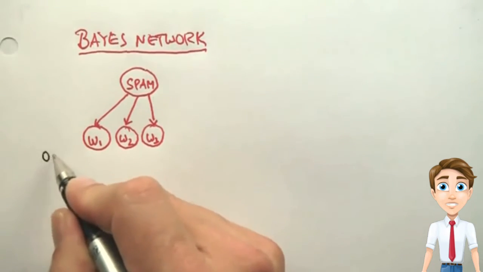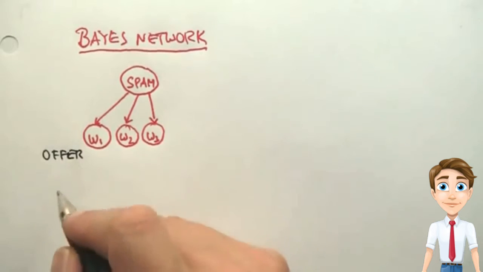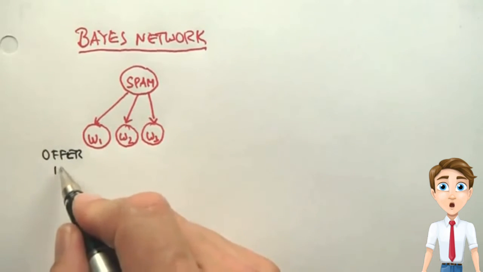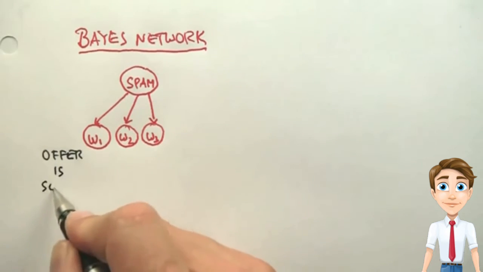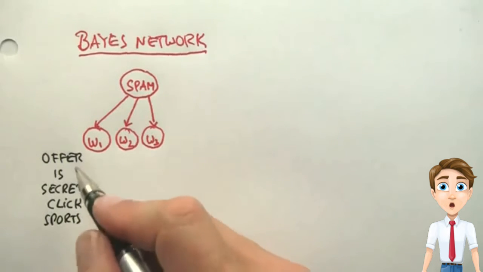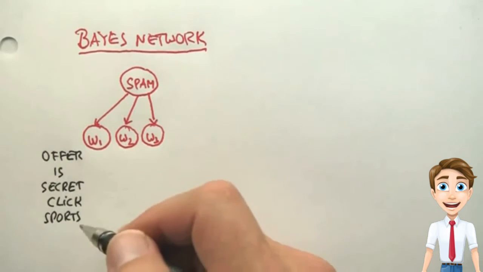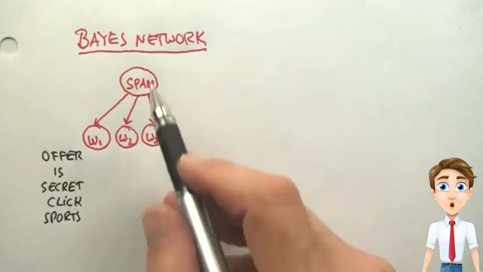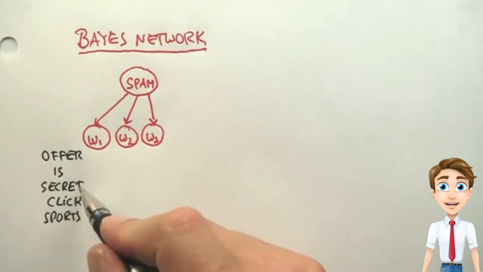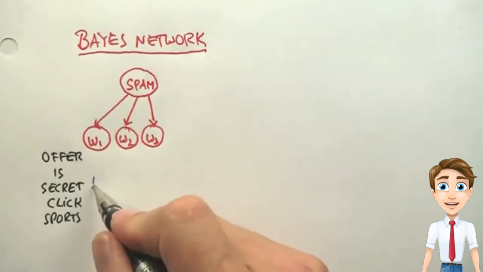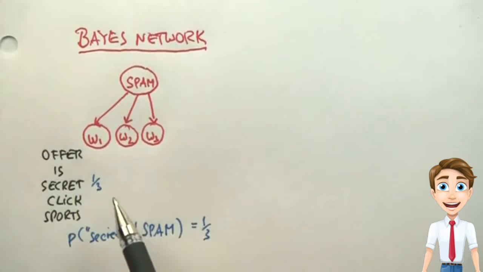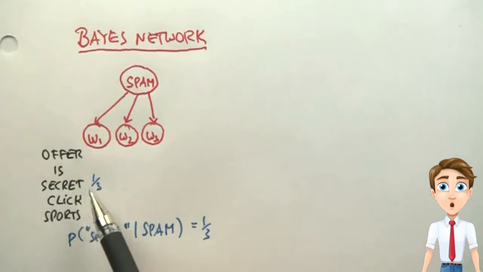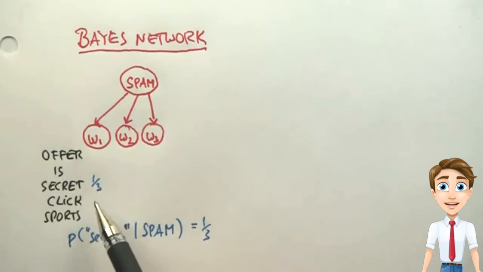If you write out our dictionary over here, you might remember the dictionary had 12 different words. So here's 5 out of the 12: offer, is, secret, click, and sports. Then for the spam class, we found that the probability of secret given spam is a third. And we also found that the probability of secret given ham is a 15th.